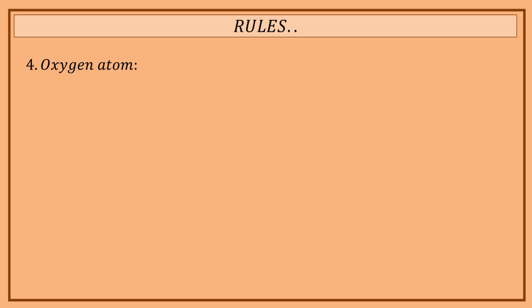For the oxygen atom, there may be variable oxidation states possible depending on the presence of the oxygen atom in a particular compound. In most cases, the oxygen atom will have an oxidation state of -2, that is, it remains present in the form of the oxide ion.